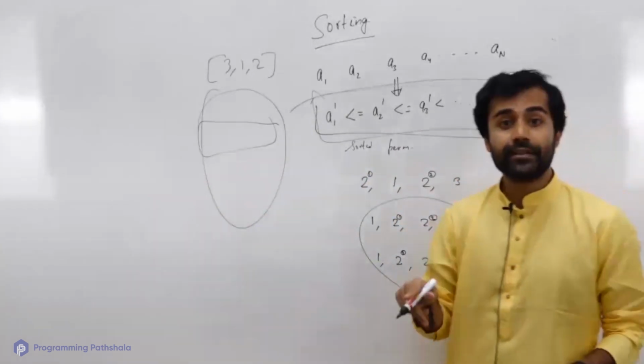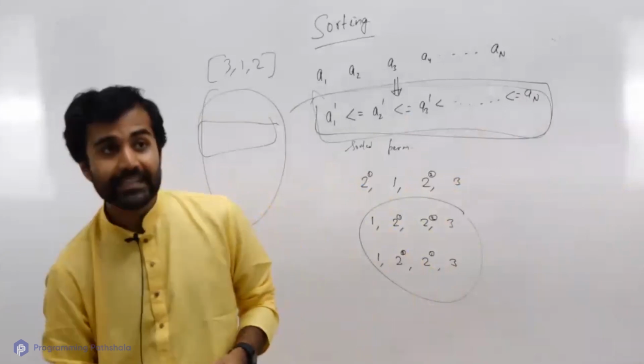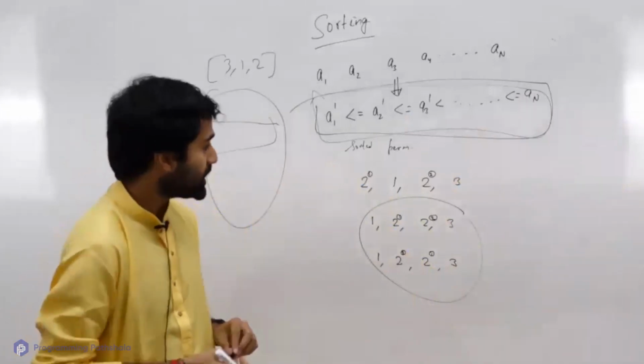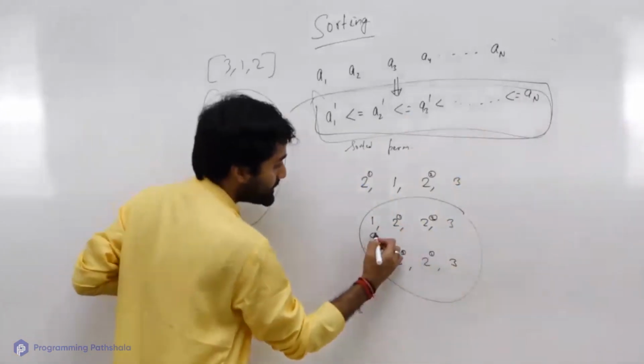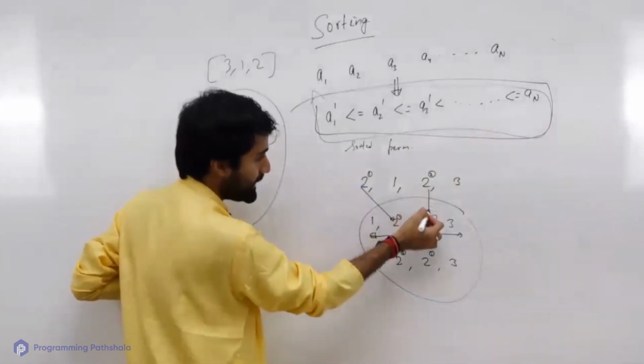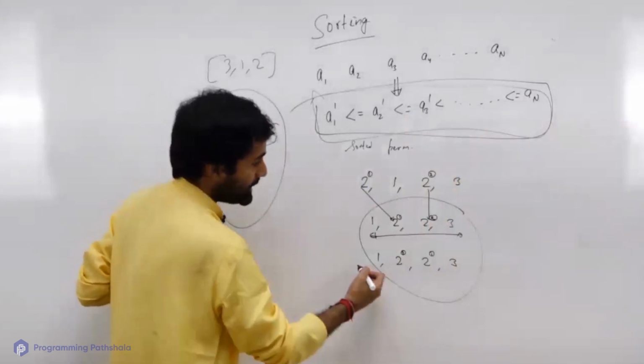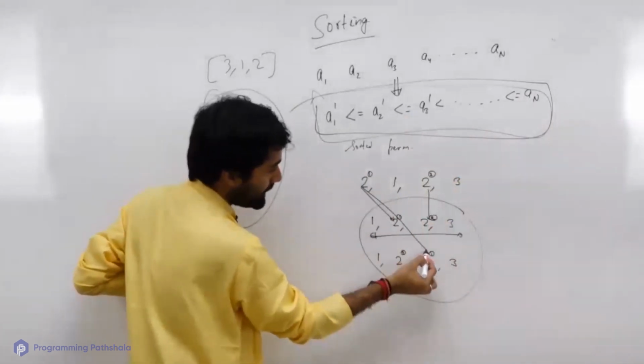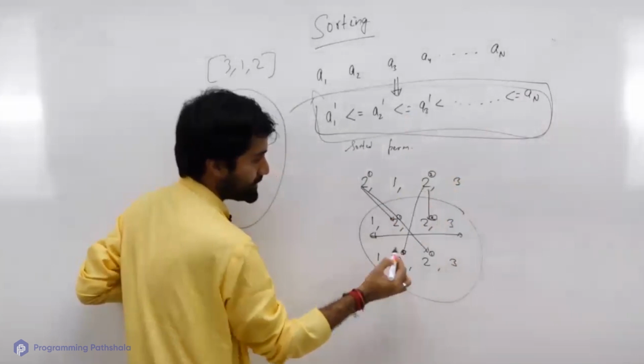Both of them are sorted permutations. But what is the key difference in them? The key difference is, in this sorted permutation, the first 2 came first and the second 2 came second. But in this permutation, the first 2 came later and the second 2 came first.